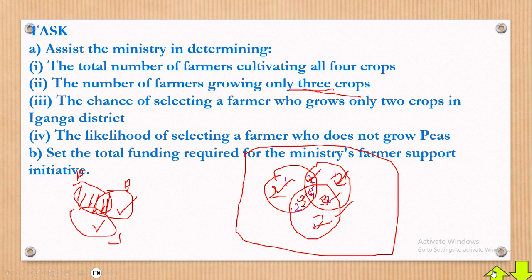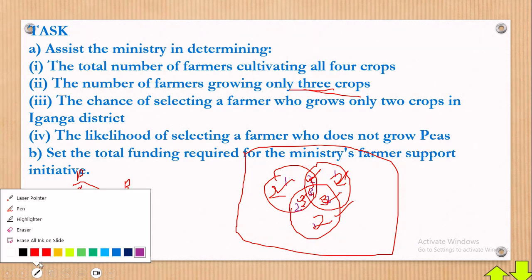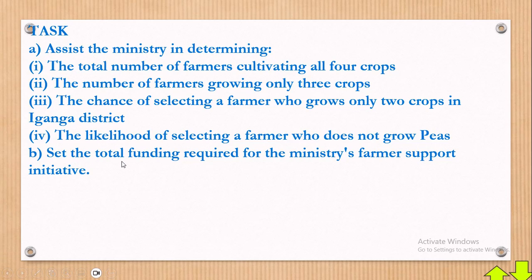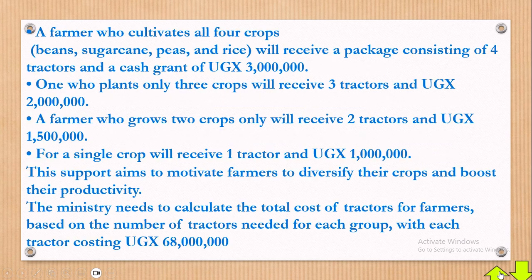So part B, allow me to resolve this. They say: set the total funding required for the ministry's farmer support initiative. I didn't read this part earlier because it had no effect on the first part we answered. They're saying that a farmer who cultivates all 4 crops will receive 3 million shillings.